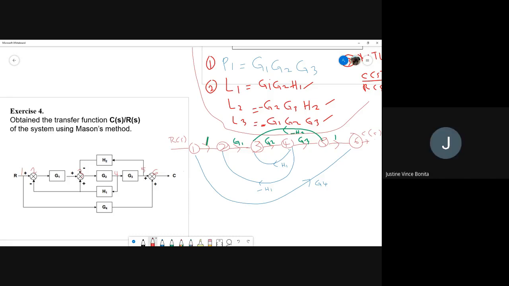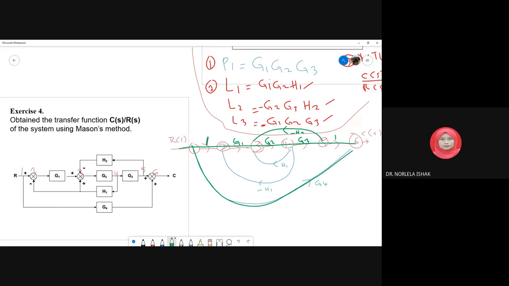Okay, so any question? No. Okay, so how many forward paths? 2, kan? Okay, the first one is this one, G1, G2, G3. Okay, this is the first forward path. Another one is based on this.